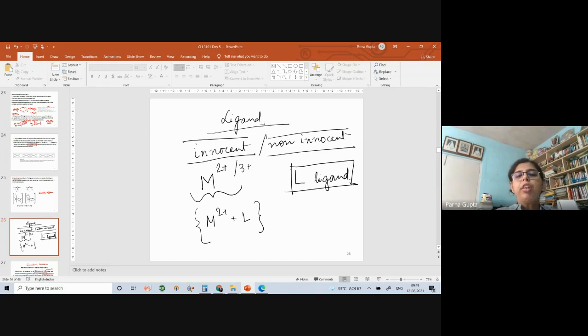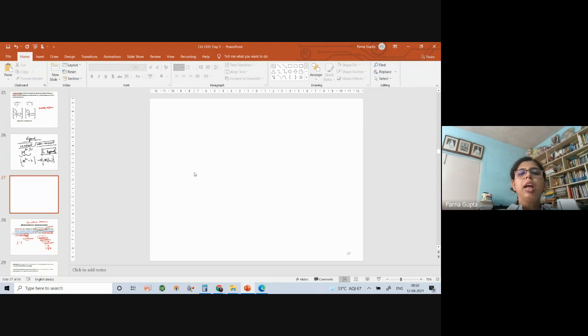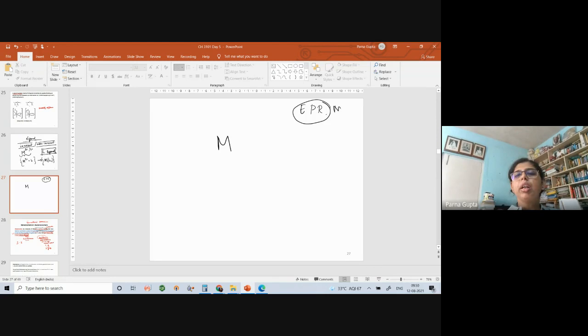But after the formation of the complex, let's say after the ML6 complex is formed, if you study the reaction, there are techniques like EPR. I shall explain a little bit of this EPR, NMR, all these things.